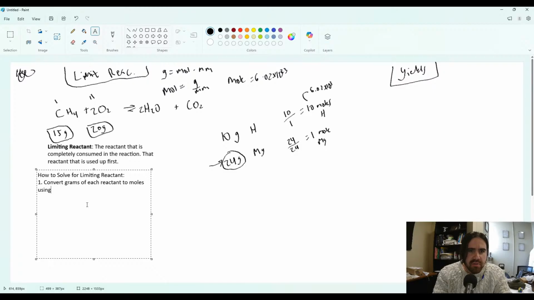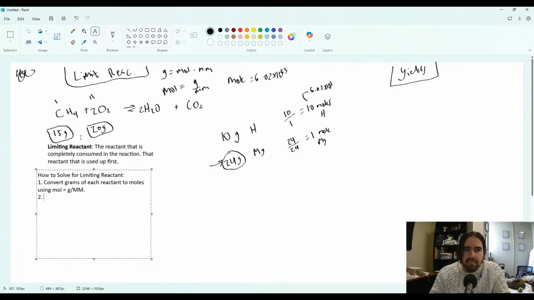And you do this using moles equals grams divided by molecular mass, okay? First step, convert grams of each reactant to moles using our equation. If you already are given moles, sweet, then you don't even have to convert grams to moles. But normally you're going to be given grams and you'll be like, hey, which one is the limiting reactant? So the first step, convert grams to moles.